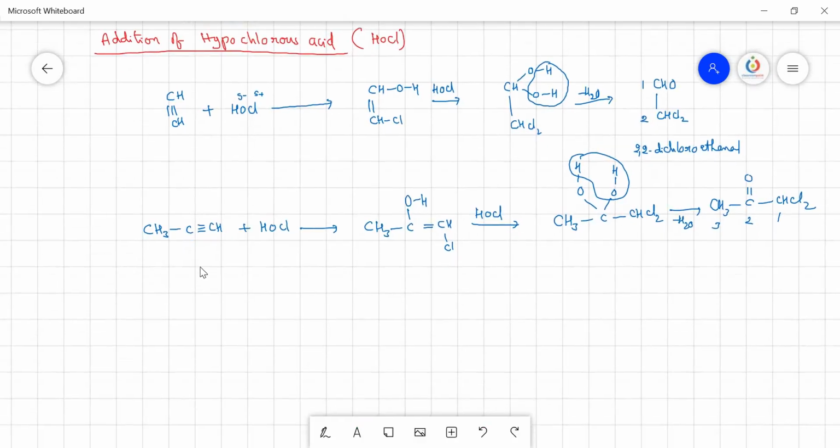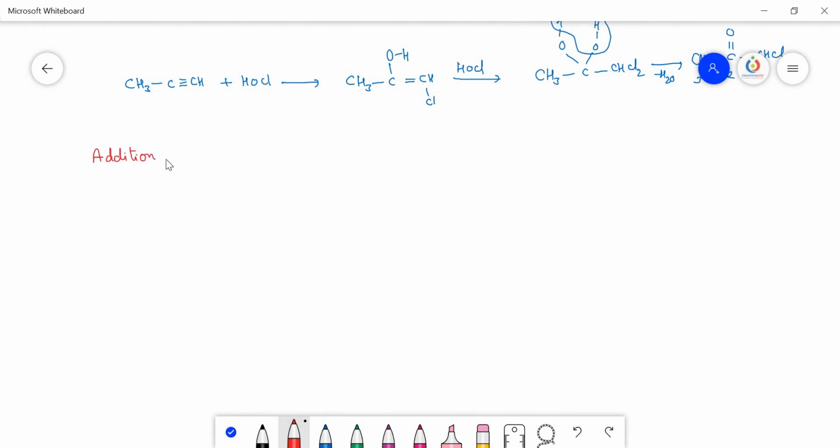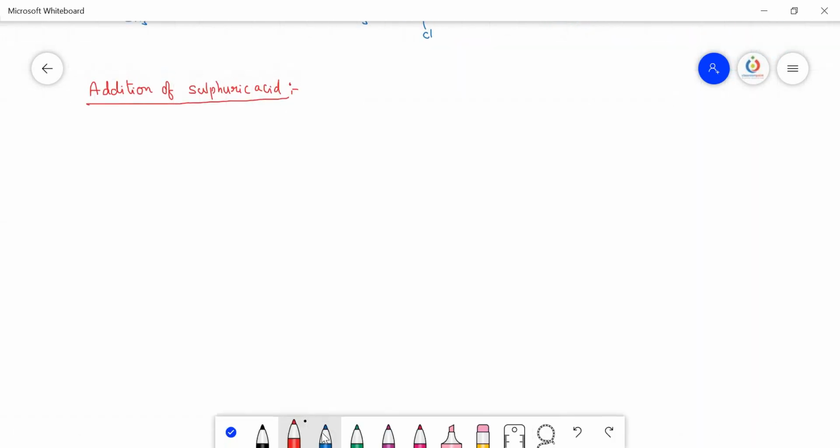Similarly, let us take the addition of sulfuric acid also. These are all just addition reactions. The only thing is we need to split up the reagent into two parts. So in the addition of sulfuric acid, we know that H2SO4 is the molecule that splits up into H plus and HSO4 minus.